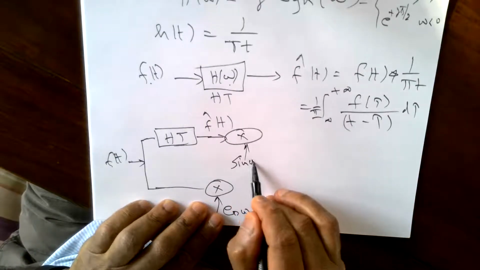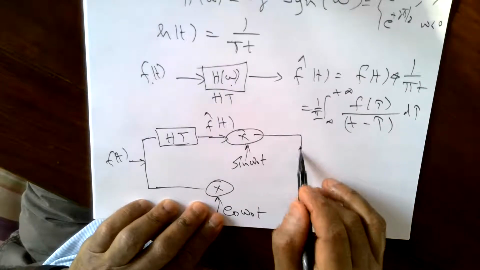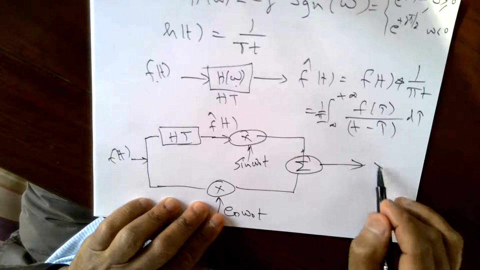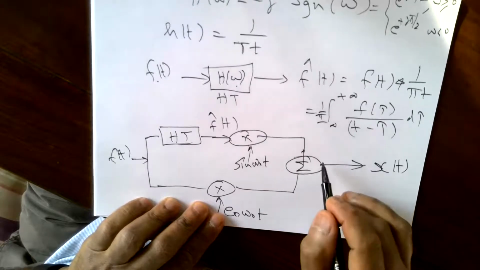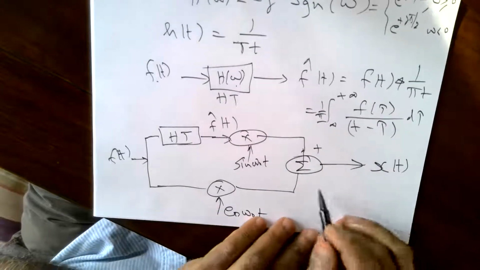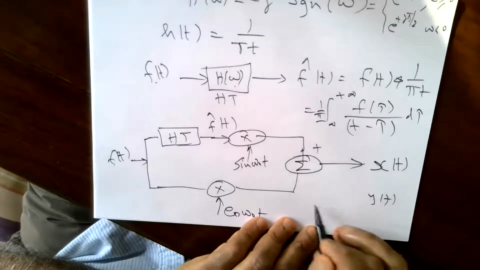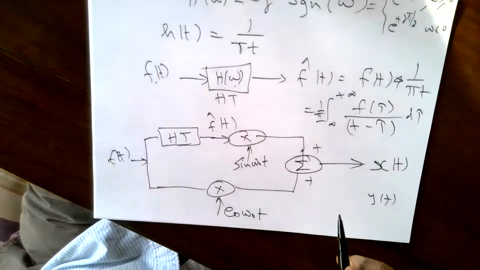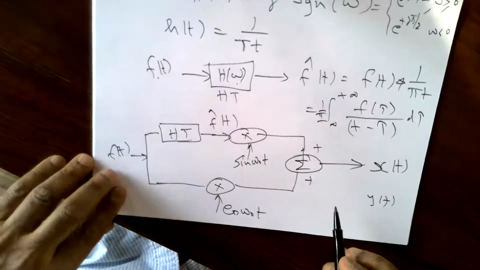Then I can add or subtract. So I have two things. I'm going to call this, let's say, x(t) with a plus sign, and with the minus sign, you can call it y(t) if you want. So plus sign means both are added or one is subtracted from the other.